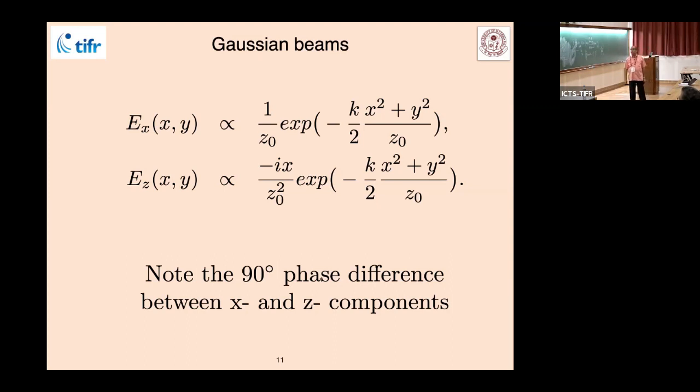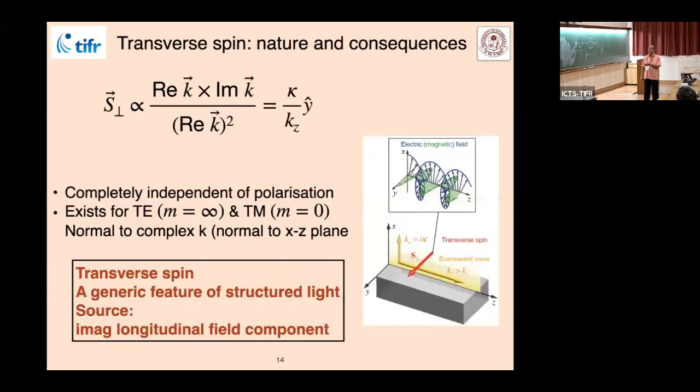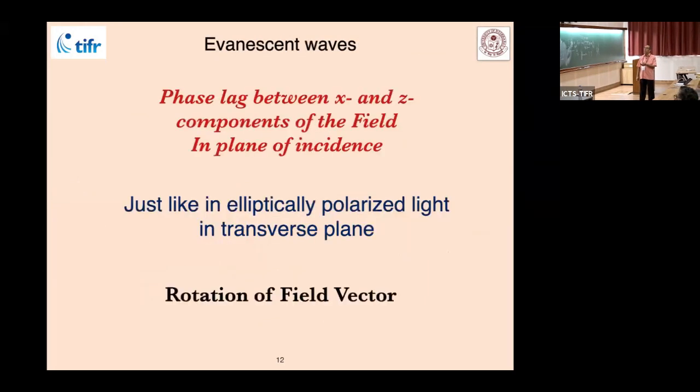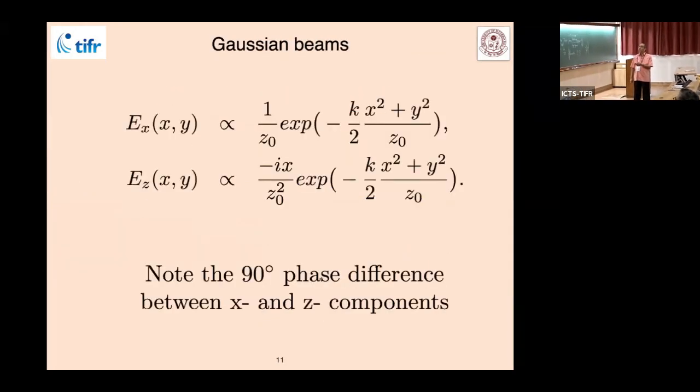They could show that in the Gaussian beam also, because of the structuring of the beam, that is, a Gaussian transverse distribution of the field, there is an analogous circulation of the field in the plane of incidence. Again you see the x component and z component having this phase difference of pi by 2, and that leads to the rotation, again in the xz plane.